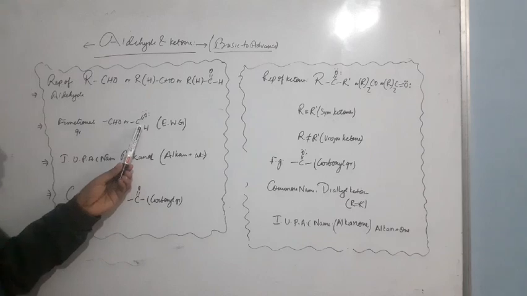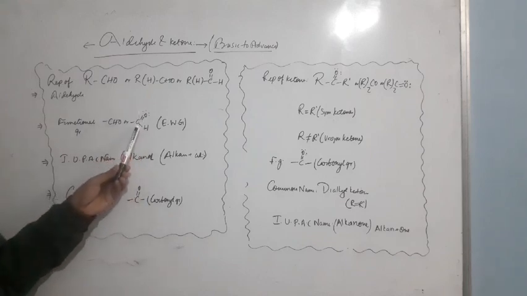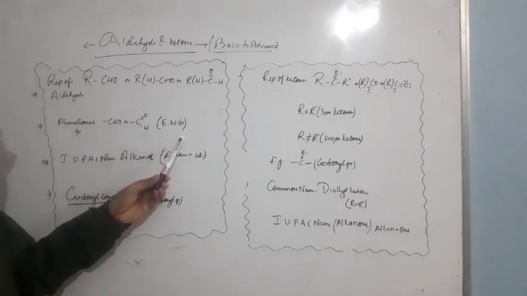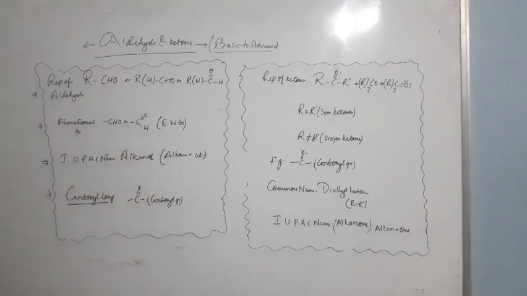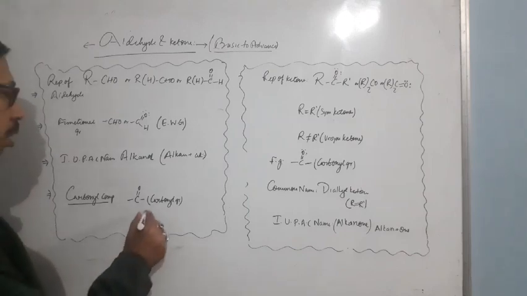It can be structurally represented in this particular way, which shows the carbonyl group, carbon oxygen double bond. It is an example of an electron withdrawing group. What is the IPC name? Alkanal: alkane plus al. It is considered a carbonyl compound because it consists of a carbonyl group.